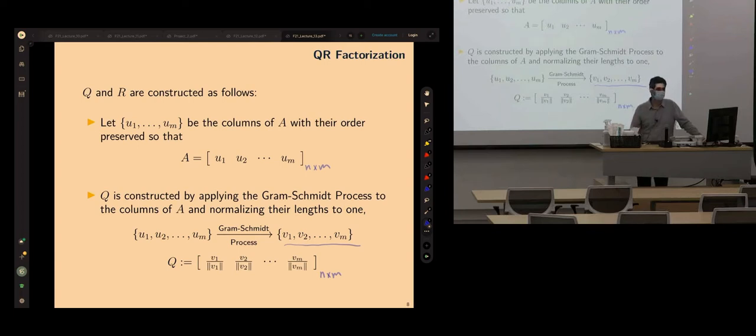Once you implement your Gram-Schmidt process, or the modified version of that, which has the normalization before actually doing the calculation, it gives a better result numerically.